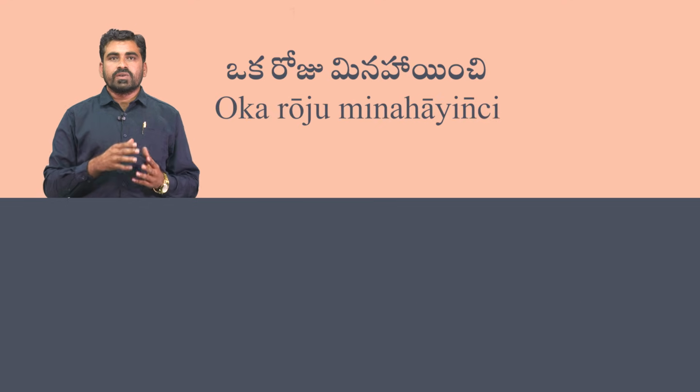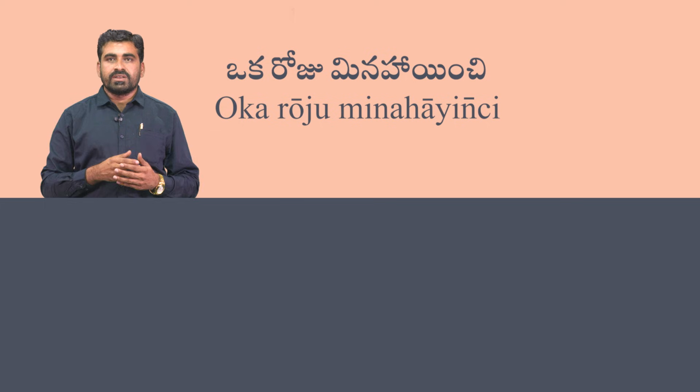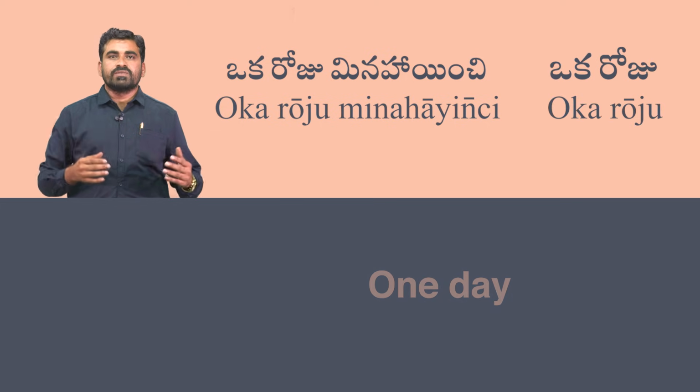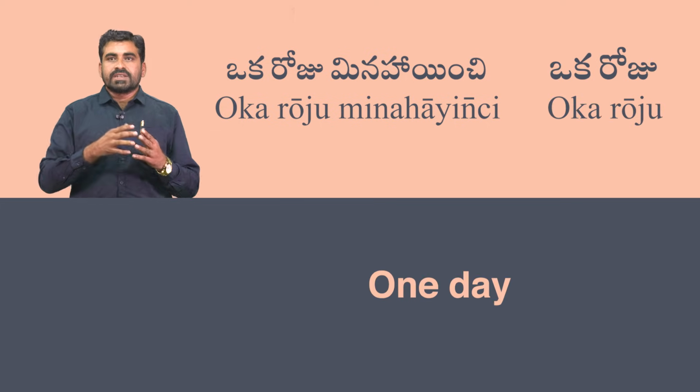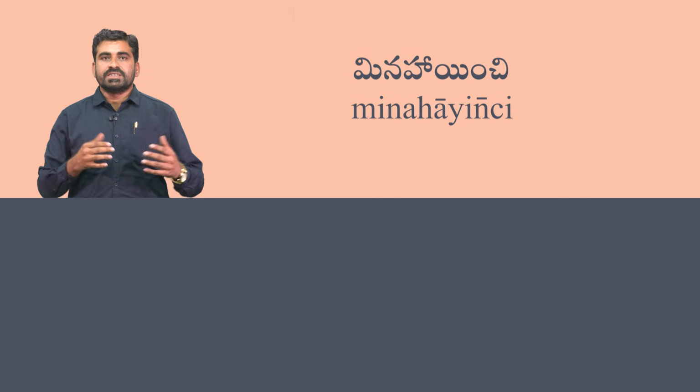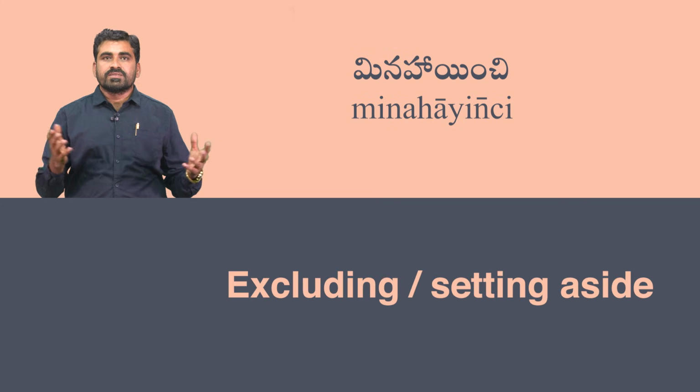The phrase ఒకరోజు మినహాయించి is a participle phrase where ఒకరోజు, meaning one day, indicates a time, and మినహాయించి, excluding or setting aside, functions as a conjunction of exception connecting the main clause to the action that is being set aside.